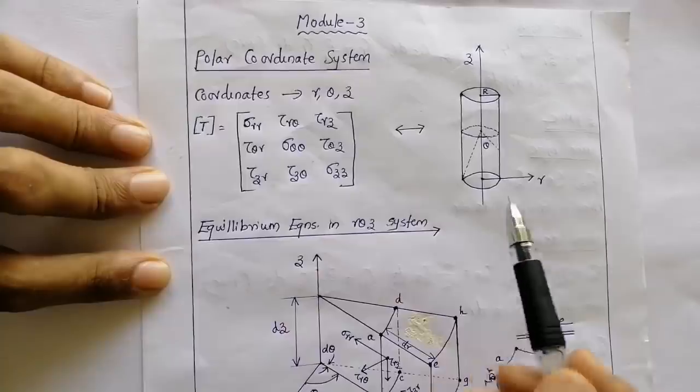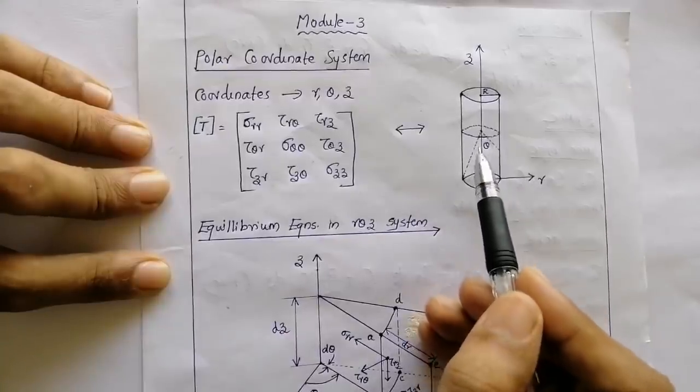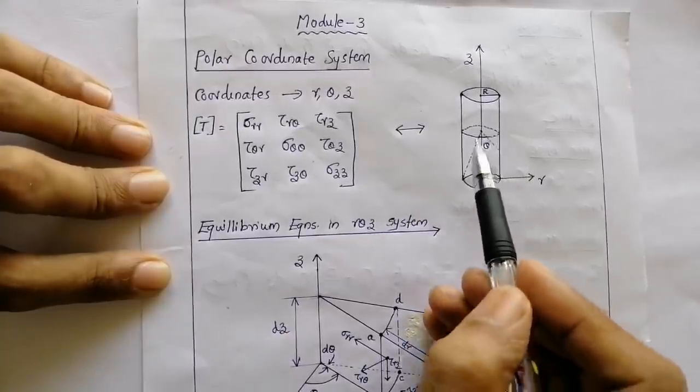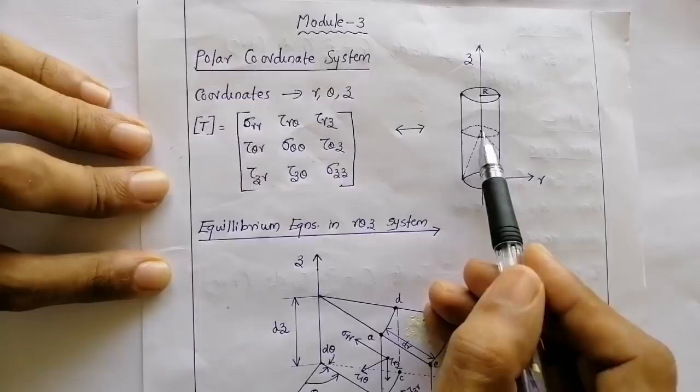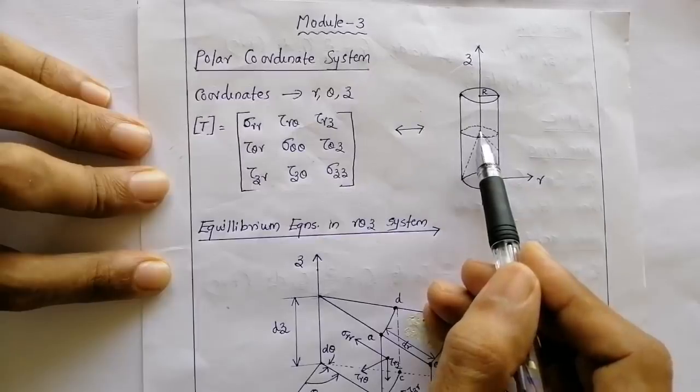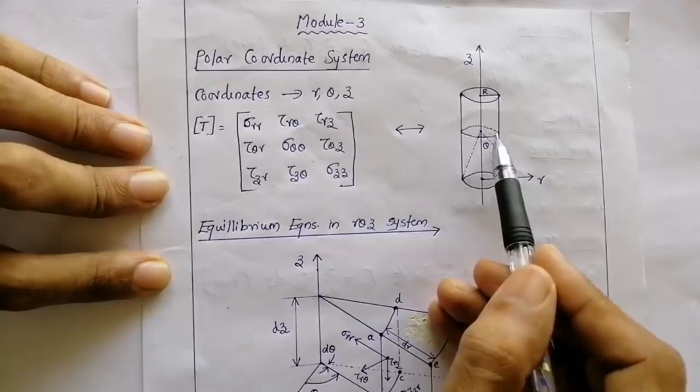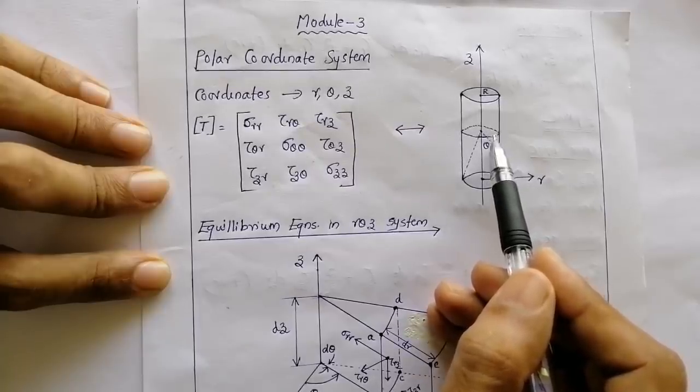Let us see how r, theta, z contribute to a cylindrical coordinate system. Let us assume I have a point here. Now, I have to draw a cylinder. For drawing a cylinder, from this point, I need a radius r. So, I am moving from this point to this radius r. Now, to get a circle, I have to rotate 360 degrees about this point.